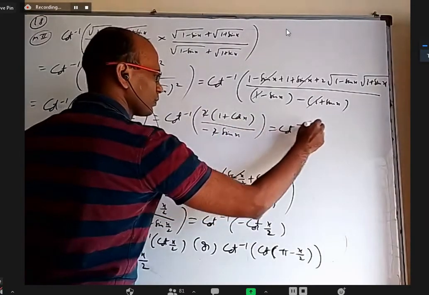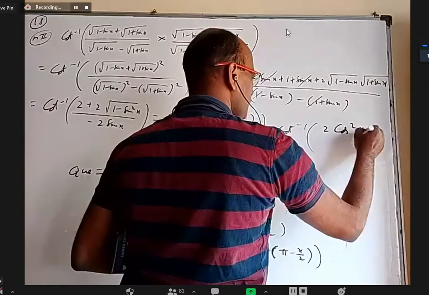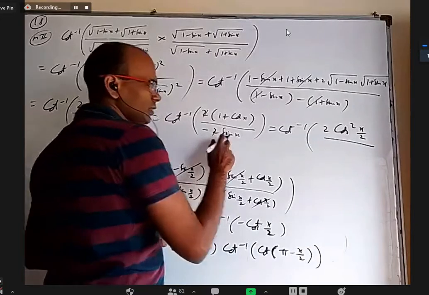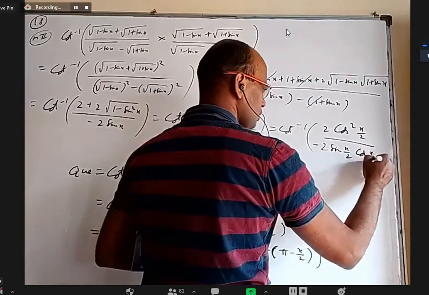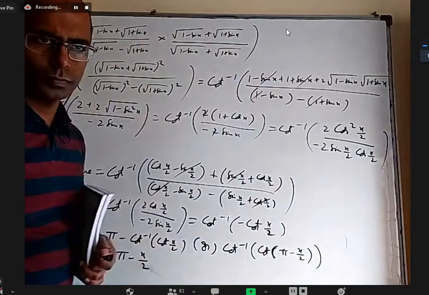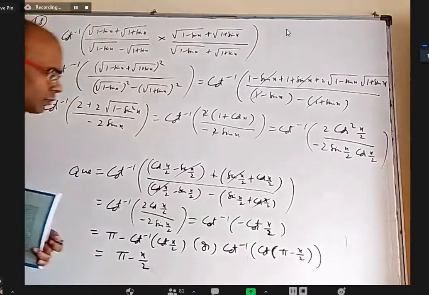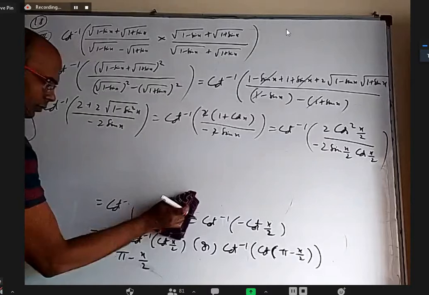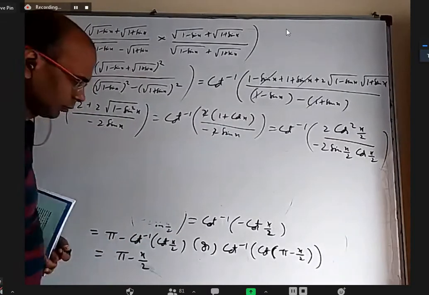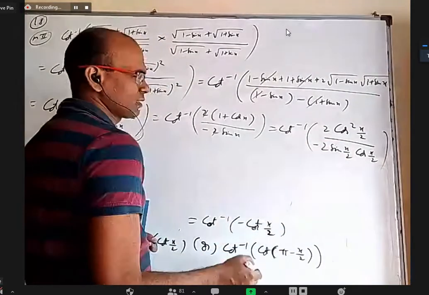Cot inverse of 1 plus cos x, I can write as 2 cos square x by 2, minus sin x, I can write as 2 sin x by 2 cos x by 2. Then I can cancel 2 and cancel 1 cos.